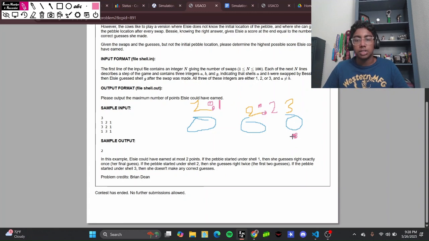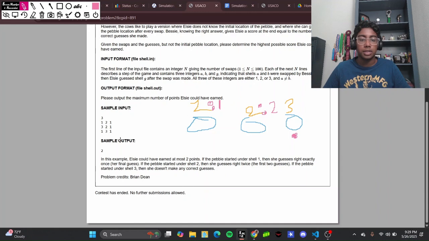So now our starting position is shell 3, and we'll simulate the swaps again. So 1 and 2 swap, since they don't have anything under them, that doesn't do anything. And then Elsie guesses that the pebble is under shell 1.